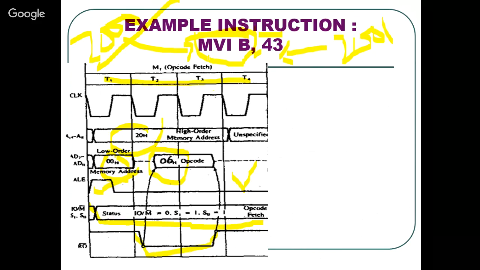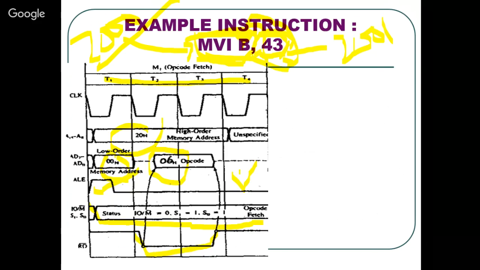So this part is over, but the task of the instruction is not over, because our main aim is to move the data 43 to register B. So only the opcode fetch is done, and this operation is not completed yet.